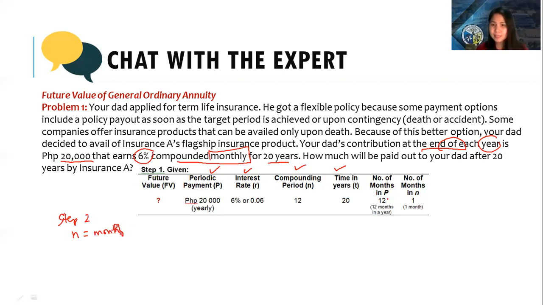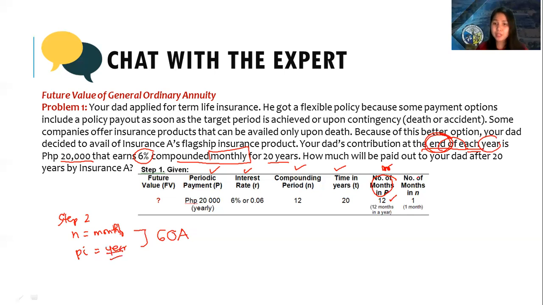While the payment interval is each year, they are not the same, so it's a general annuity. The payment is done at the end of each year, so it's a general ordinary annuity. Now, how many months are there in the payment interval? Each year, right? So 12 months.